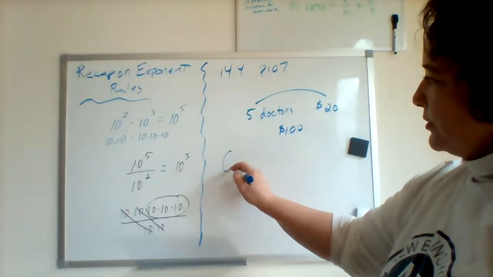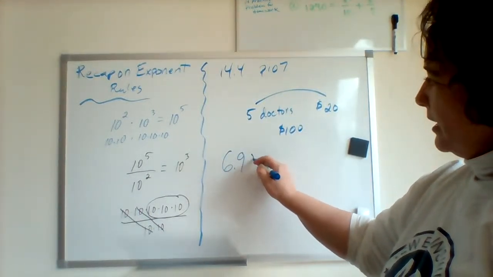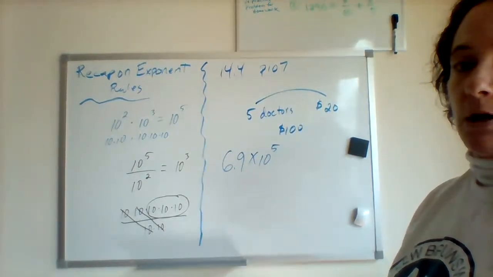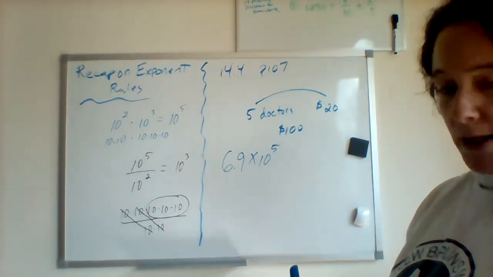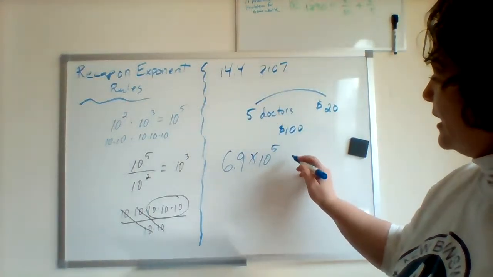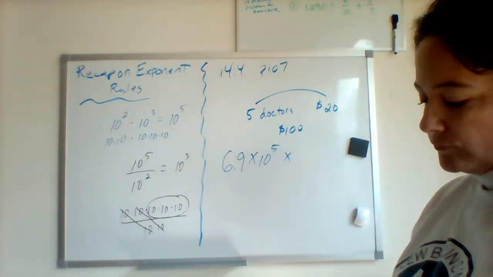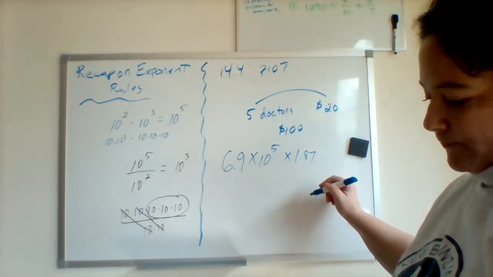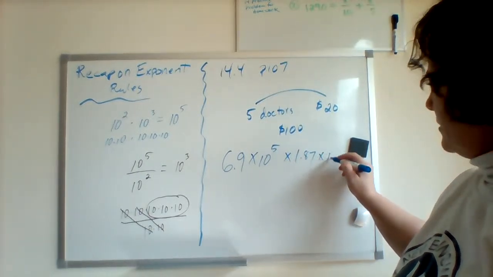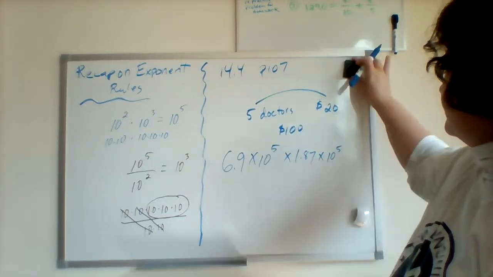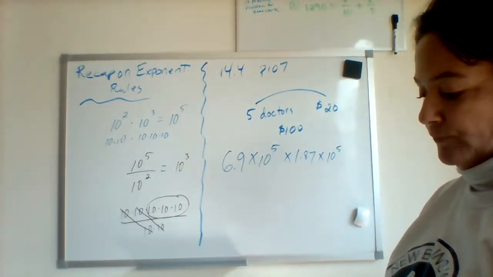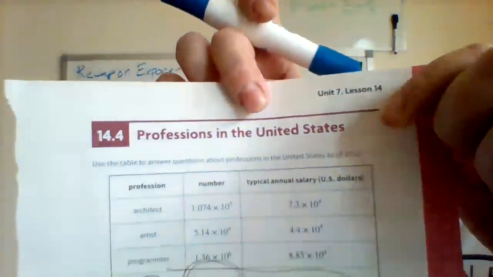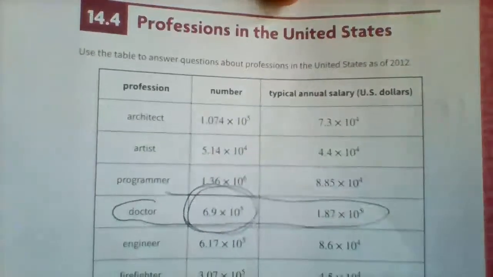There are 6.9 times 10 to the 5th doctors. That's how many doctors there are according to the chart on page 107. And they each make 1.87 times 10 to the 5th. And if you wanted to know how real it is, in the top corner, it says that it's as of 2012.